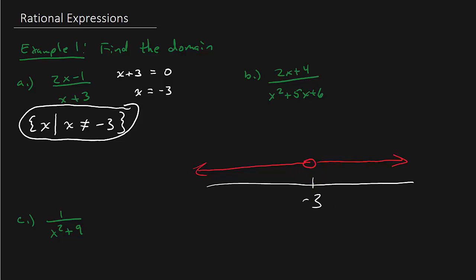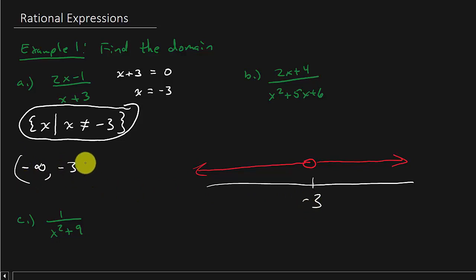So the way we would write this is everything from -infinity up to -3, and this would have a parenthesis on it because the -3 is not included. So that took care of this part of the line. Then we've got to jump over here and write this interval, and that would be a union, from -3 to +infinity.